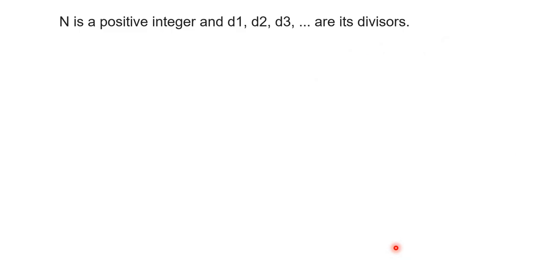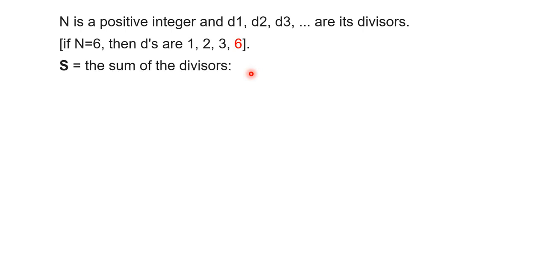Okay, so let's proceed. We start with a positive number n, and suppose that d1, d2, d3, etc. are its divisors. Say for example n equal to 6, then the divisors are 1, 2, 3, and 6. Right? So they are the divisors of the number n.